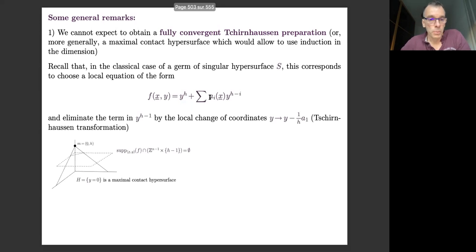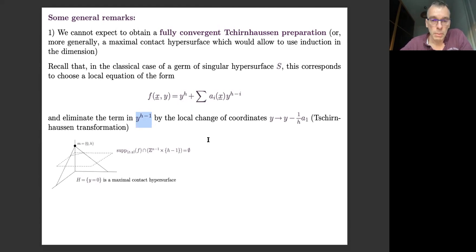So the idea of the Tschirnhausen preparation is to eliminate the terms in y to the power h minus 1. This is very easily attainable by just making this change of coordinates here. I think Tschirnhausen dates back to the 17th century. He used this to solve polynomial equations.